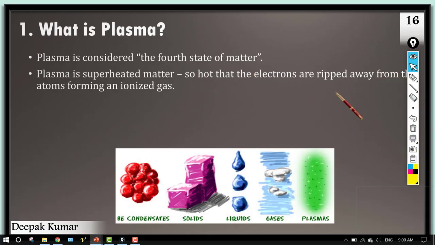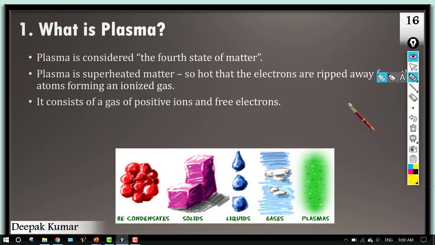In an atom we have electrons, and if energy is provided to them, then they will come out.